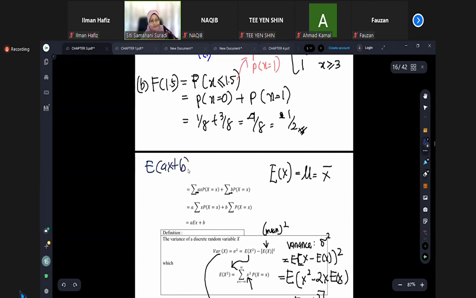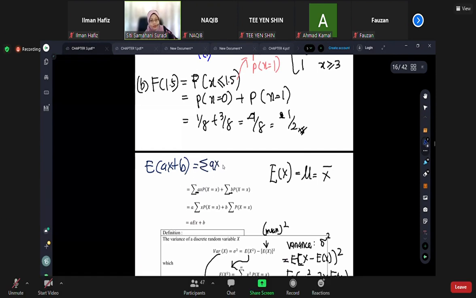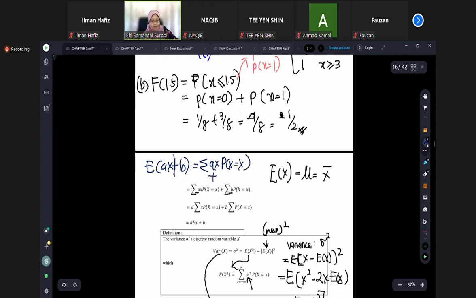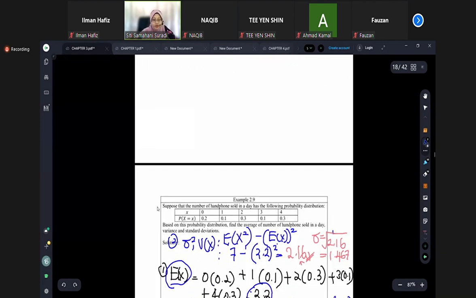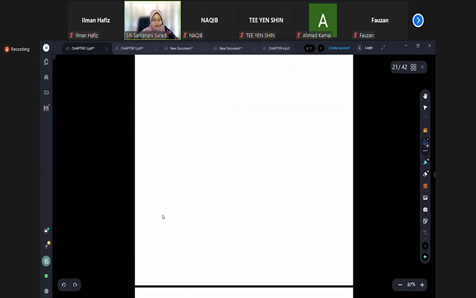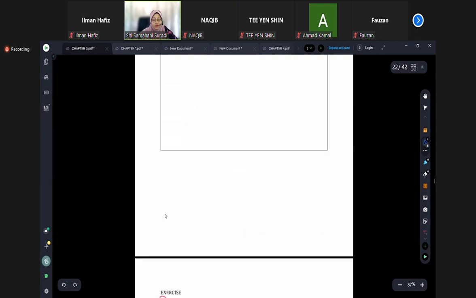Meaning you need to find the mean for AX, times P(x), plus the total of B times P(x), and so forth. And the variance is the same. As for variance, let's say.